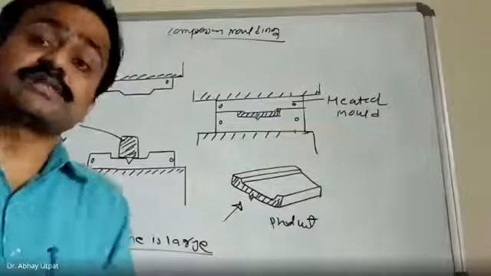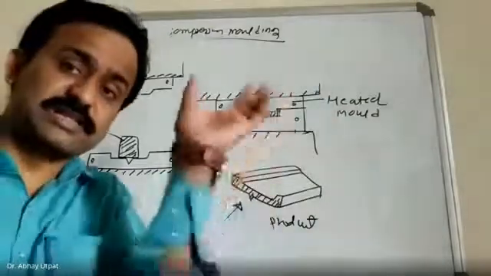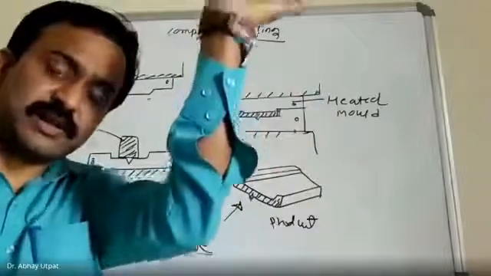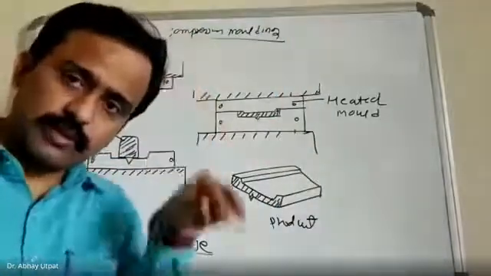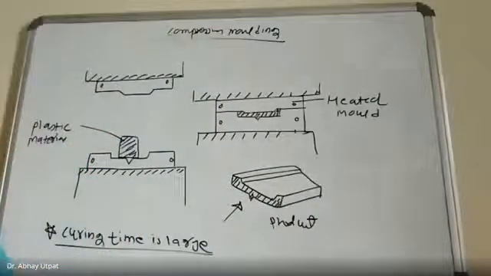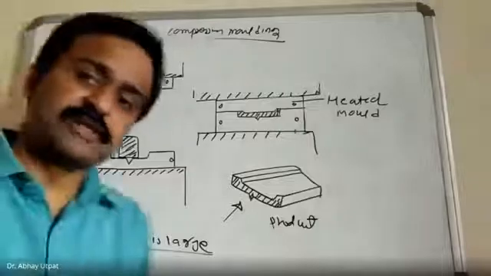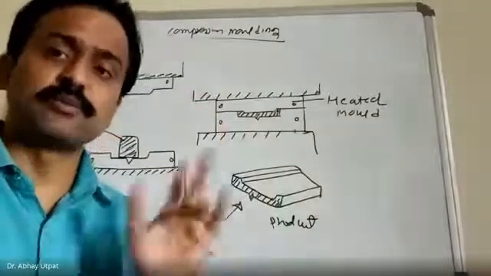It is advanced compression molding, where the material is first plasticized in a separate chamber and then transferred through the sprue into the actual chamber and then it will be pressed. Transfer molding is the advanced compression molding principle. It works on the principle of compression molding only.